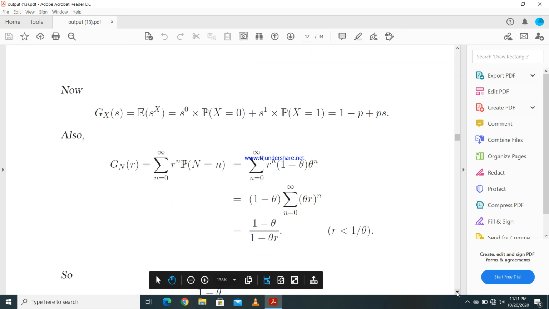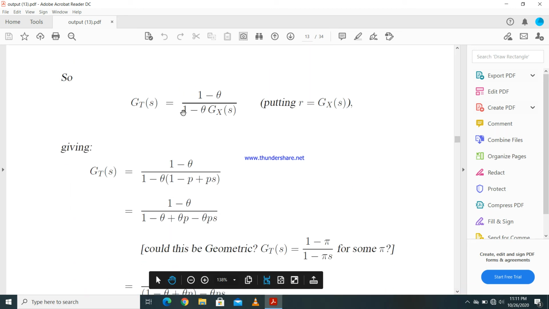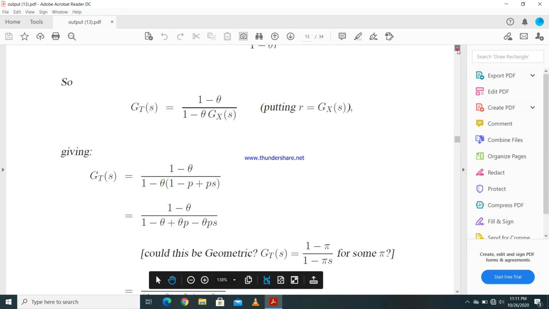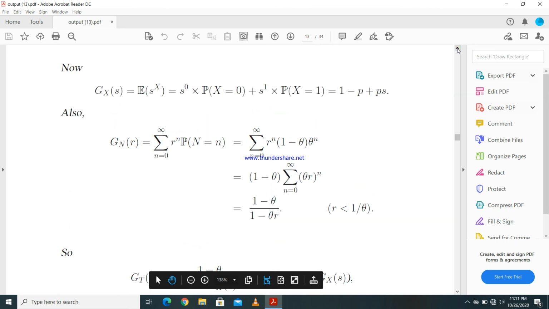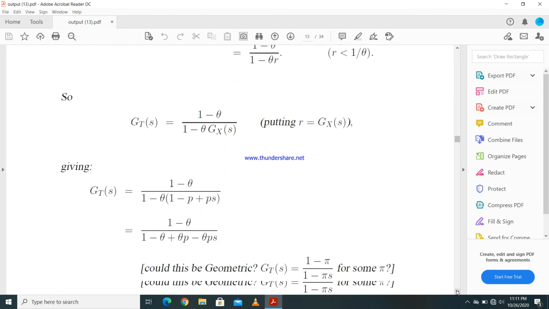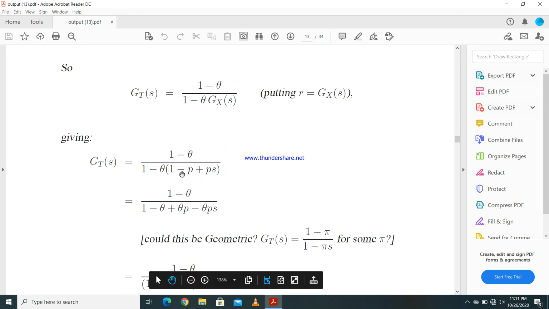So what we are doing is the same thing. You are going to take the probability generating function of n, this one, and replace r with the probability generating function of x. That we have already found, that is 1 minus p plus ps. So you substitute 1 minus p plus ps for gx(s).